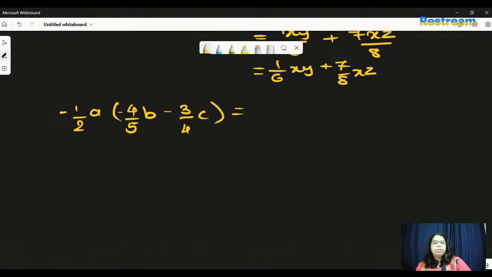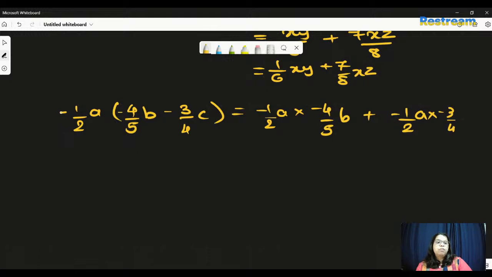Okay, we are just taking random examples. So basically, minus half a multiplied by minus 4 by 5b plus minus half a multiplied by minus 3 by 4c.